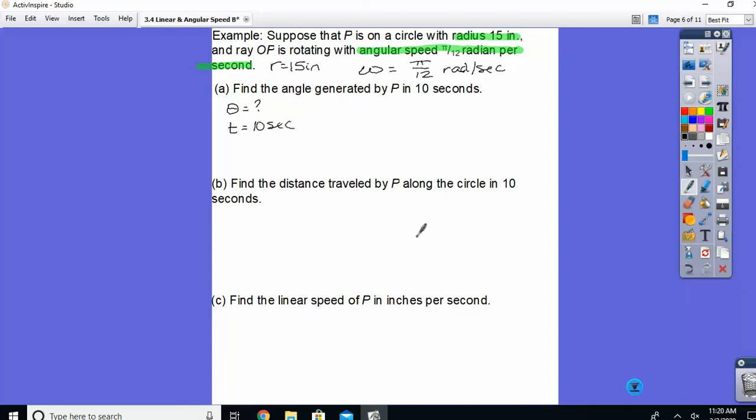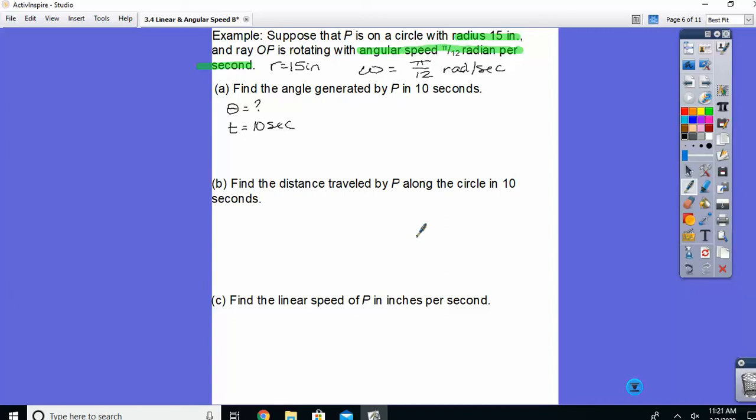All right. Take a look at your formula list. All of the formulas that we have to this point, they will all be on your formula sheet on the test. I am wanting theta, so I have to pick one of my formulas that involve a theta in it.